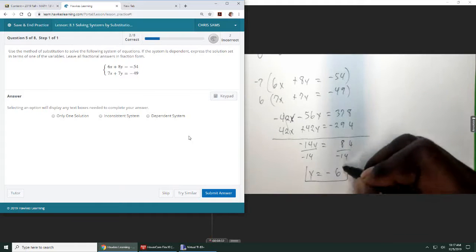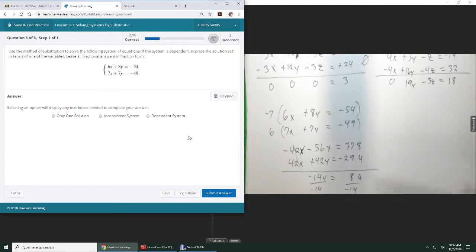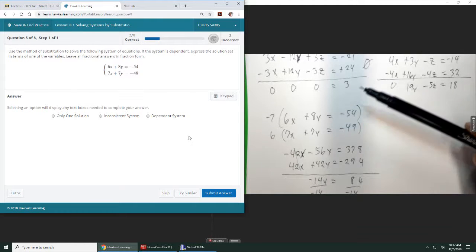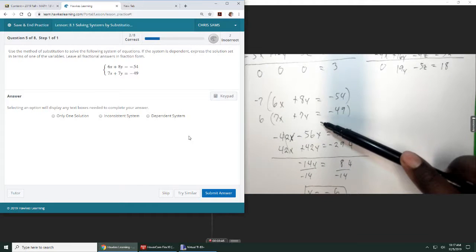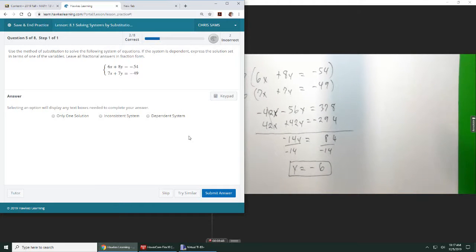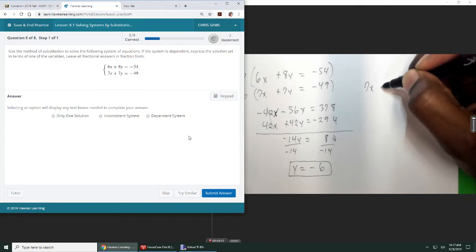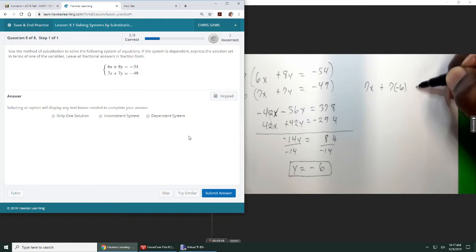Y equals negative 6. Once we have the y value, we will take this y value and plug it in to either one of our original equations. And it doesn't matter which one. We'll use the second one, but it will work out the same either way. So we're going to take the second equation, 7x plus 7 times negative 6 equals negative 49.